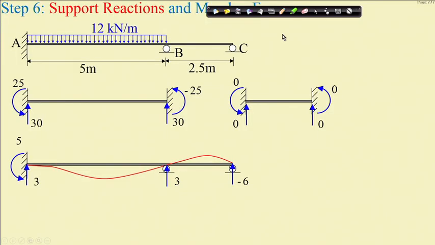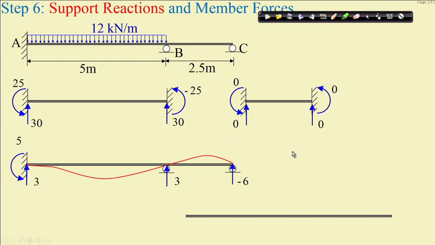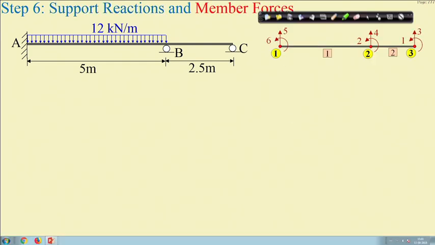So, let us do that exercise and find the member forces.